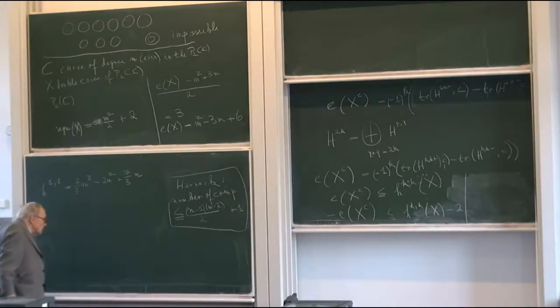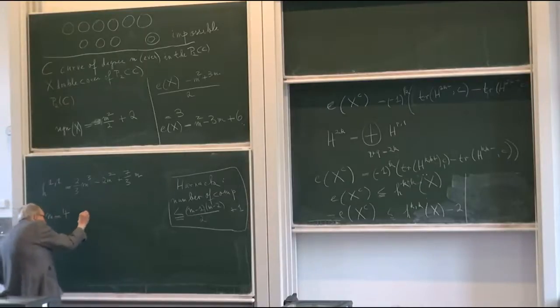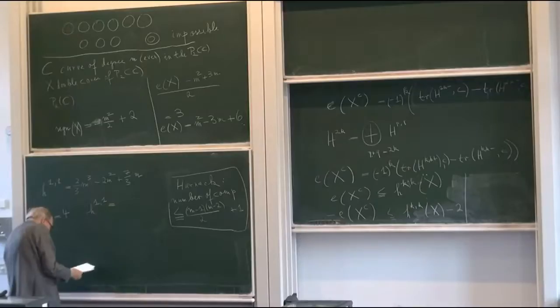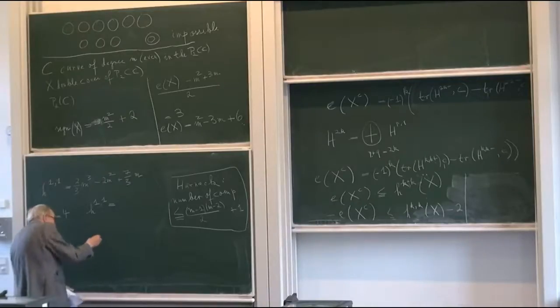You can also take m equal 2 and so on and make checks, but for m equal 4, the h^{11} for a hypersurface of degree 4, that's the calculation, and the h^{11} is 20.